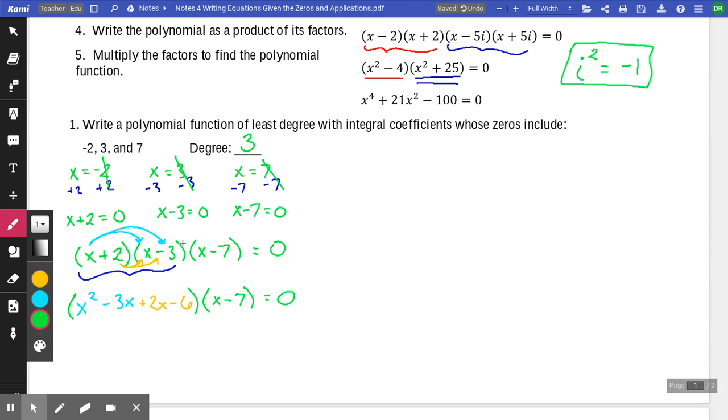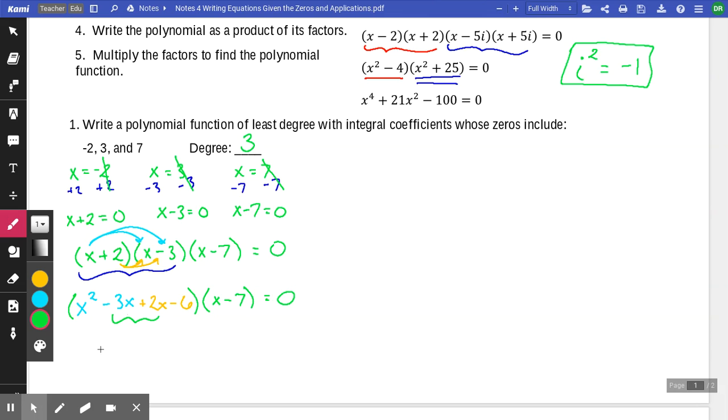Okay, so I hope that looked familiar. That's something we've done several times, and if you enjoy that, then that's actually the bulk of this discussion today. But we are not finished yet because we still need to finish multiplying down here. Before you do that, it's always a good idea to simplify. So the negative 3x and the plus 2x can be combined, right?